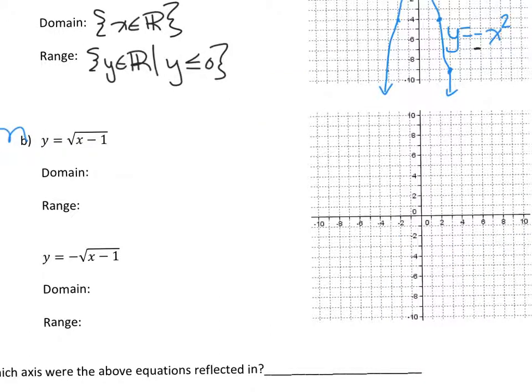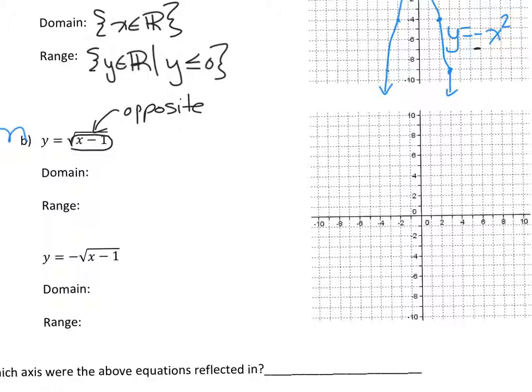So let's look at a new parent graph. We've got y equals the square root of x minus 1. Well, if you recall from when we looked at our horizontal and vertical translations, this is an inferred bracket inside the square root sign, which means that this is going to be translated to the right because we always translate in the opposite direction of the sign that is inside a bracket with an x.